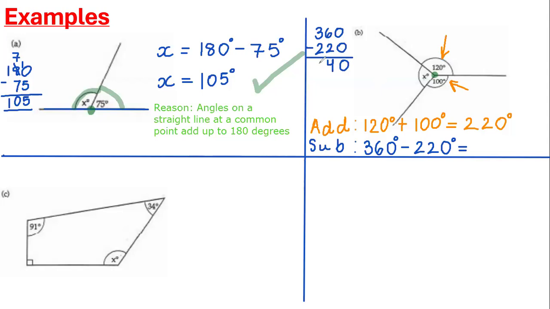And 3 minus 2 is 1. So it's going to be 140 degrees.